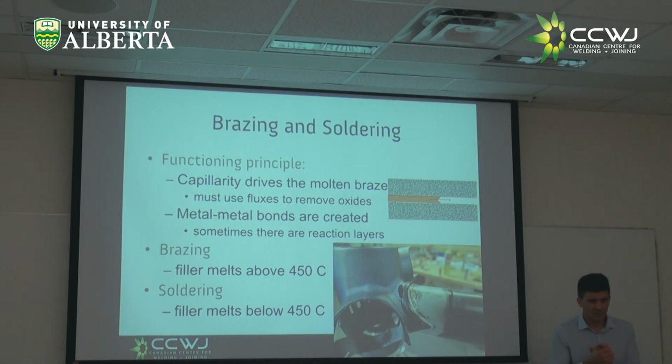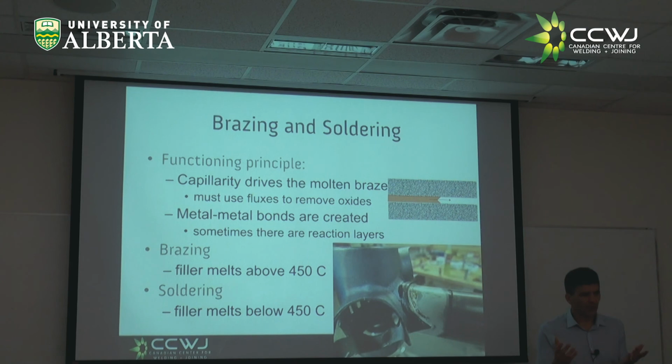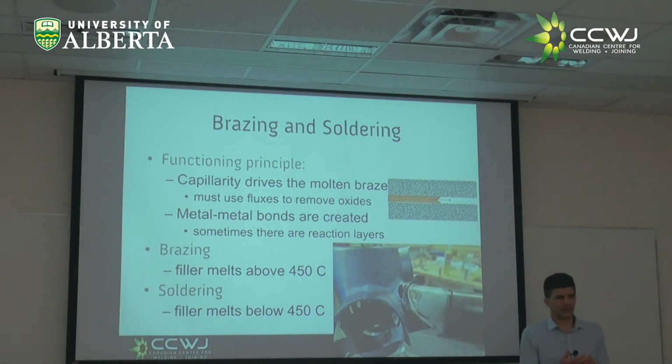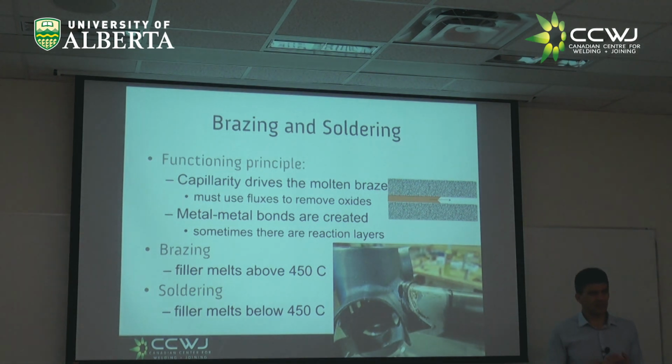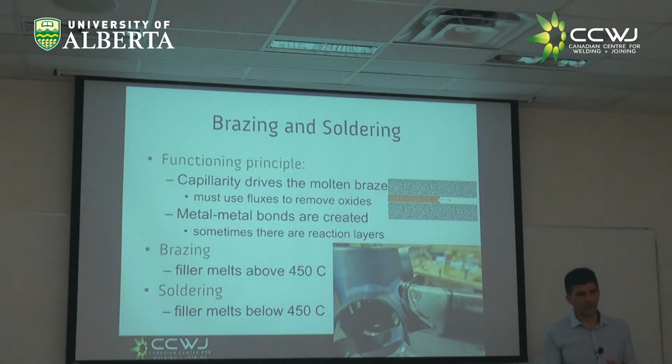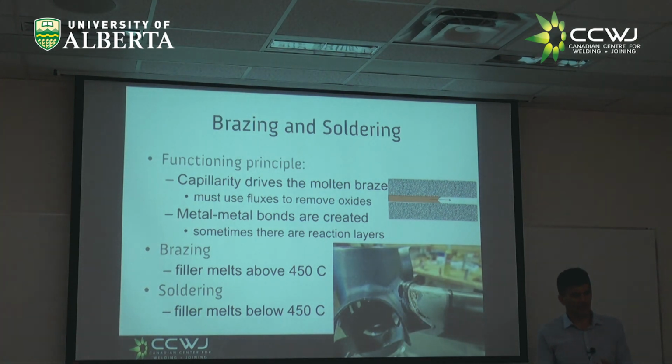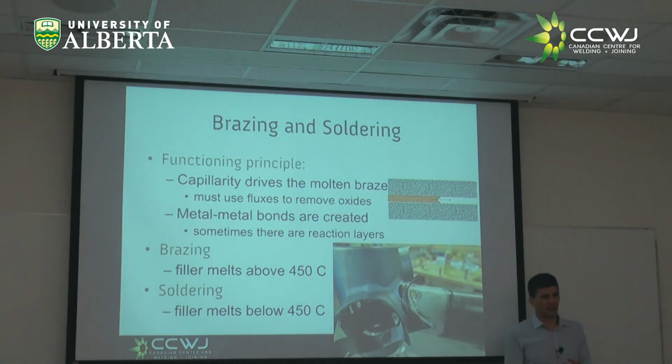Yeah? So are there any typical materials used for brazing and soldering? Yes, for solder you would have tin-lead. And depending on the balance of tin and lead, you have the melting temperature. The eutectic there is 183 degrees. For brazing, you have silver-based fillers or copper-based fillers, right?